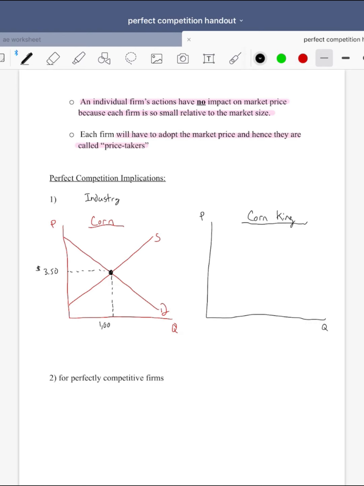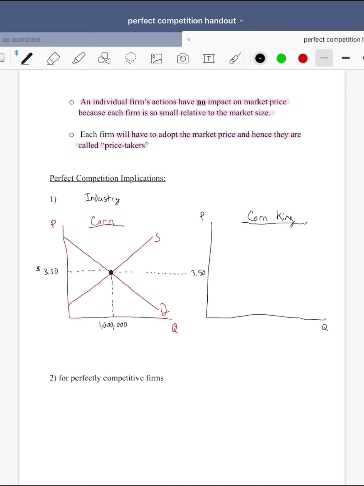And let's say that this is my farm. I'm going to call my business the Corn King. So we're going to see that the price in the market for corn is going to be determined through the interactions of demand and supply.